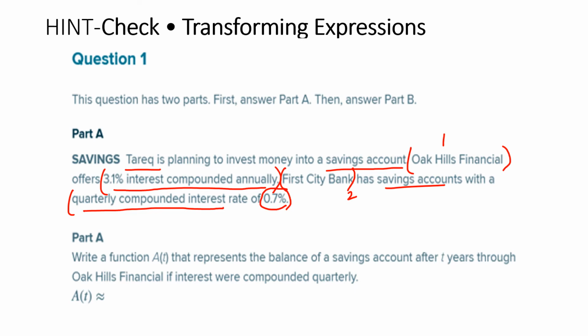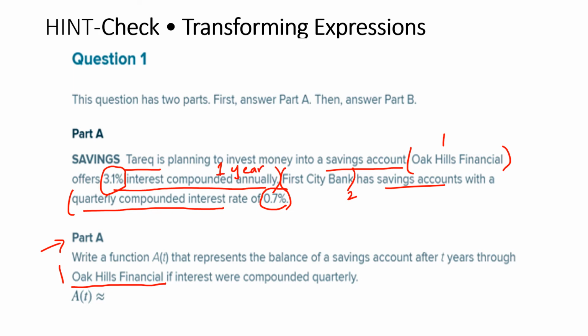So I've just highlighted the two rates of interest here. So there are two parts to the question. In part A, you need to write a function A(t) that represents the balance of a savings account after t years at Oak Hills Financial. So that means from the first one, and here, for Oak Hills, if you see carefully, the question says it's compounded annually.